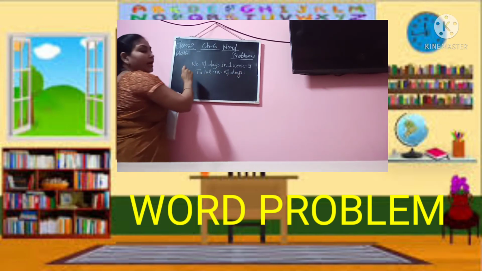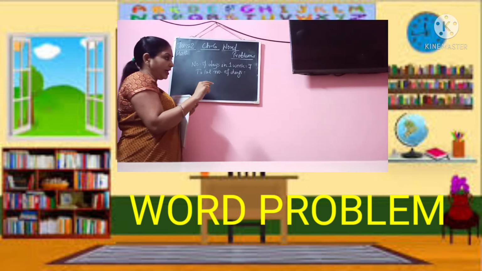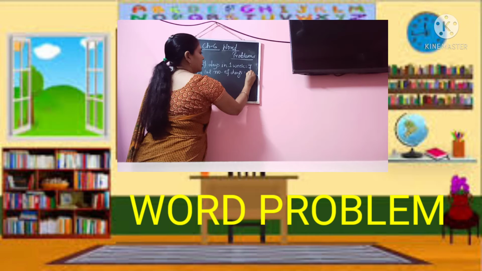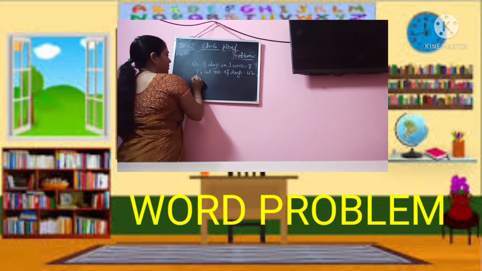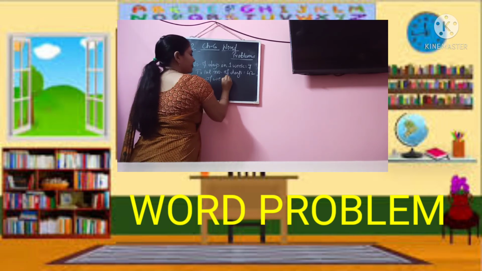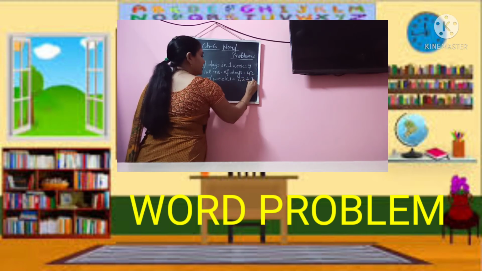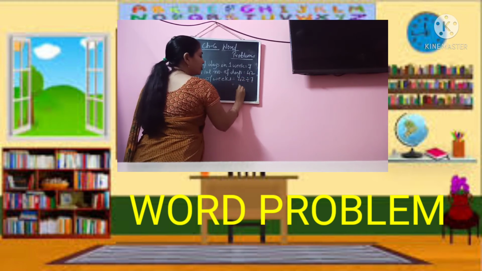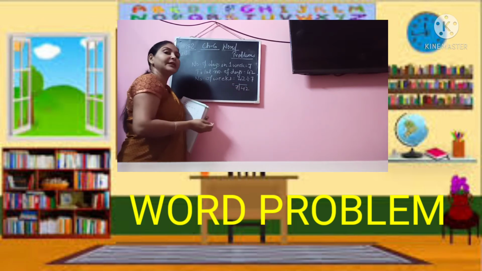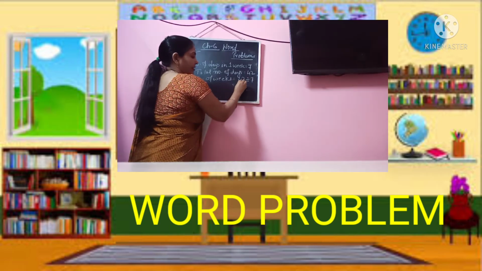This NO dot means number. NO dot means number. Okay. Don't get confused. So number of weeks: 42 divided by 7 is equal to, divide 42 by 7. In 7's table 42 comes at 6 times. So 7 sixes are 42.